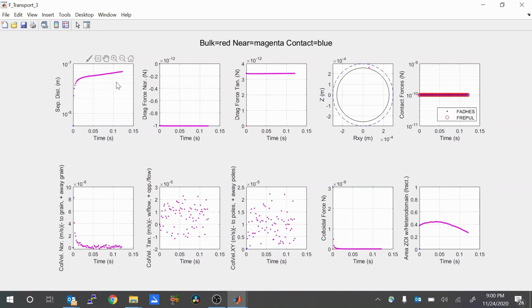Because if it's passed so far, it's a tenth of a second. And so separation distance is now increasing to significantly larger numbers. We're now coming up to 80 nanometers from the surface, so it's getting significantly far away. And it could potentially get swept away.